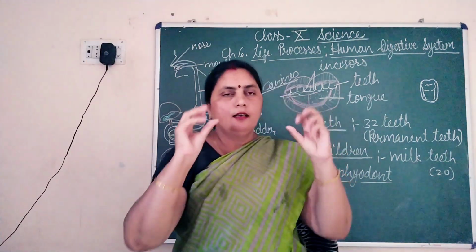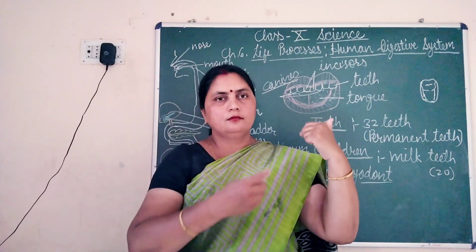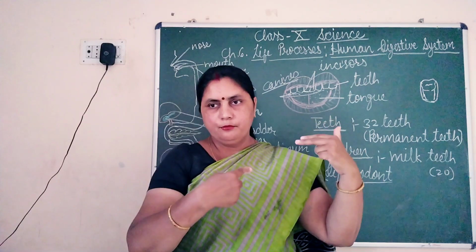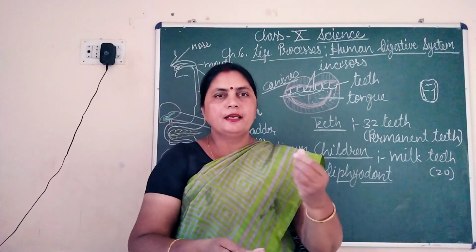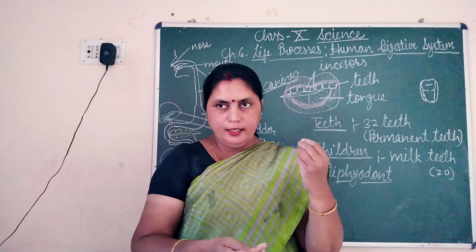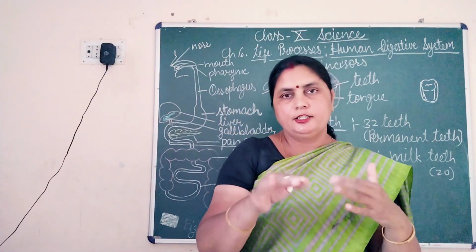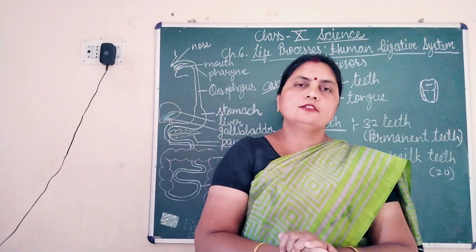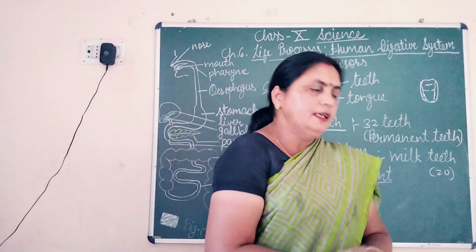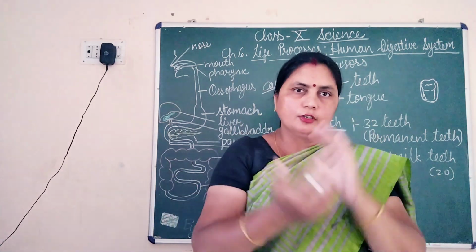So when we chew the food, these 2 rows of premolars and molars grind the food. Grind means making it into powder, or in some cases making it into a paste. They chew it very well and grind it, and it converts into a simple form. Then it is swallowed into the throat.